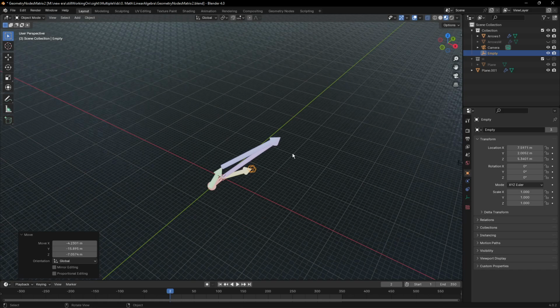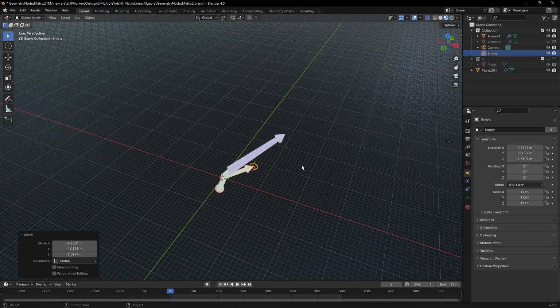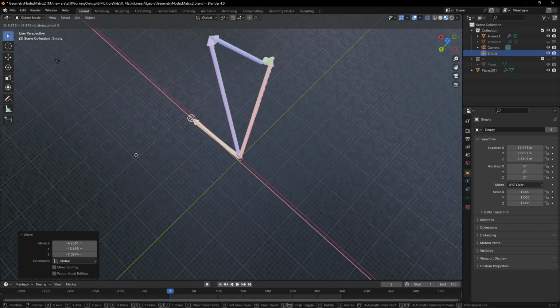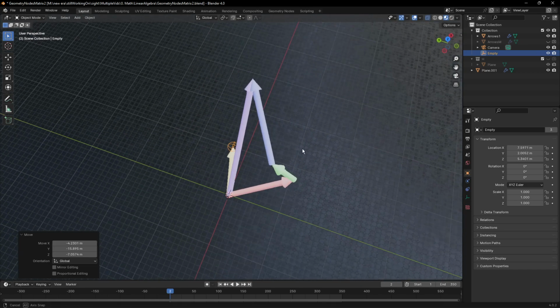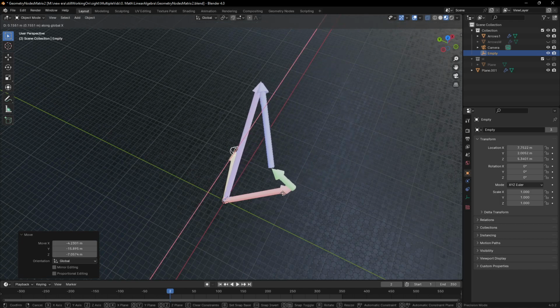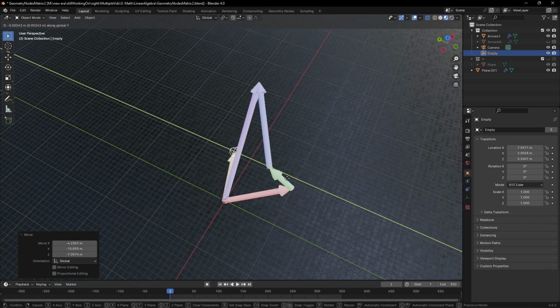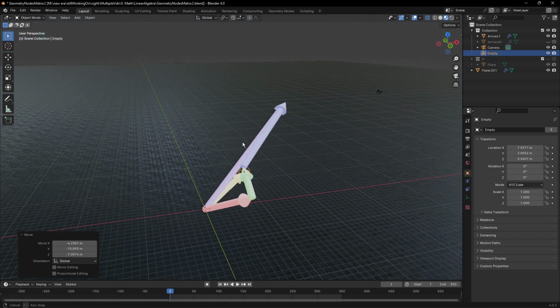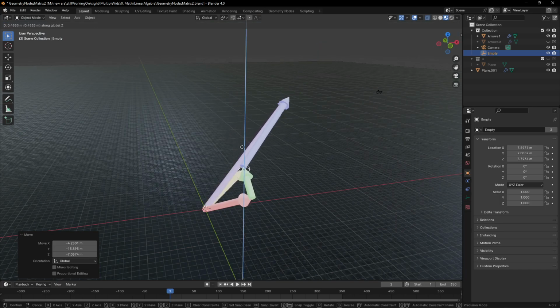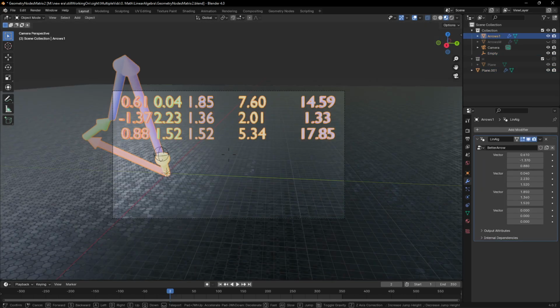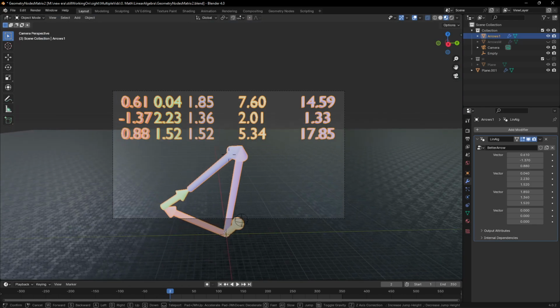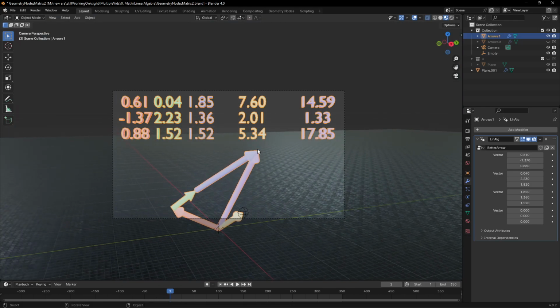But if I were to actually walk you through it step by step, that moving the x component scales the red arrow, and only the red arrow, that's the important part, only the red arrow. Moving it on the y scales the green one, and moving it on the z scales the blue one. Then I'm hoping it becomes a bit more clear. That's the idea behind the basis vectors and their connection to matrices and how vectors change.